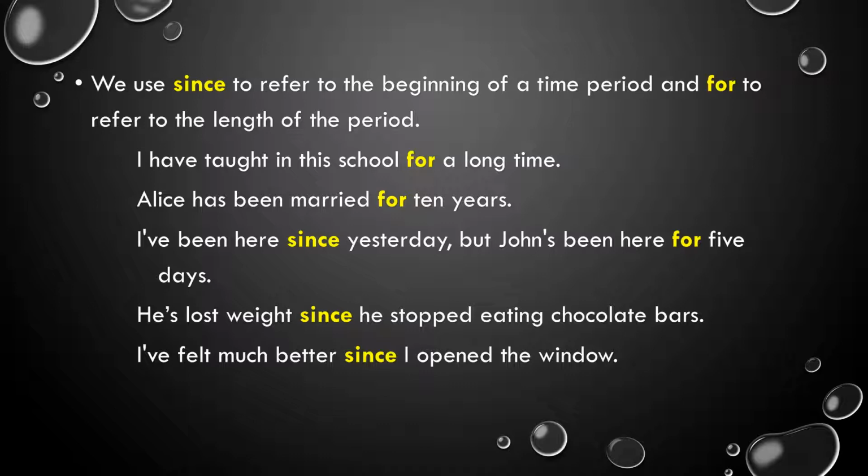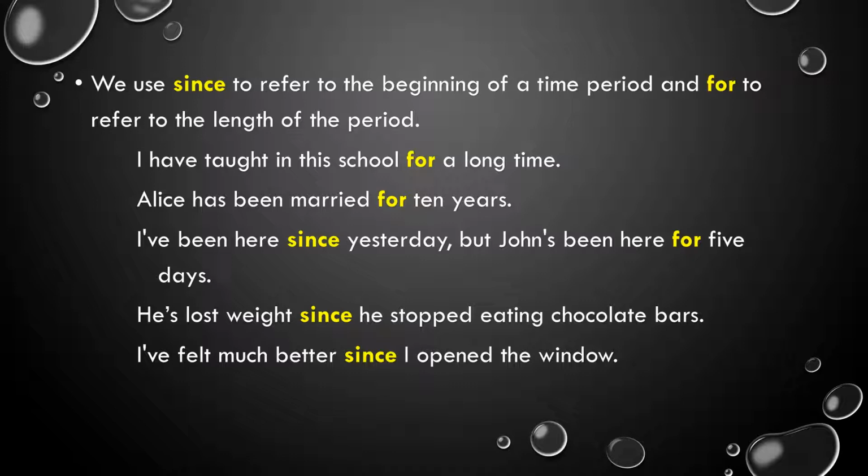But when I say I have been here since yesterday, but John has been here for 5 days, you can see both of the adverbs in one sentence. In the first half of the sentence, which is I have been here since yesterday, yesterday is the starting point of the action. I came here yesterday, so since yesterday I have been here.